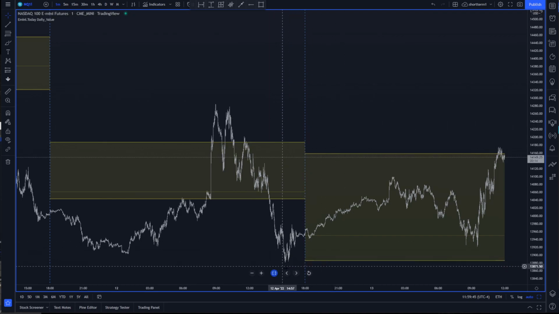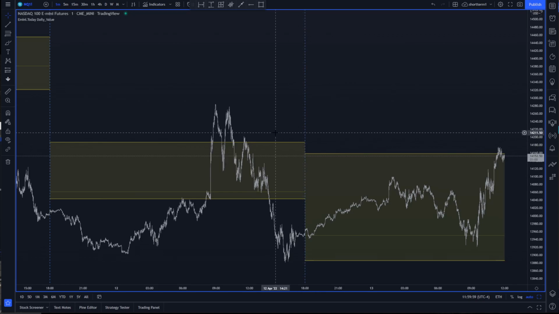So here you can see I am on New York time, and at 18:00 we have a session reset, like the new session starts after the RTH close, and from there the value area is shown.